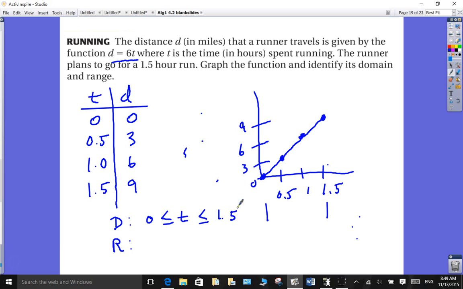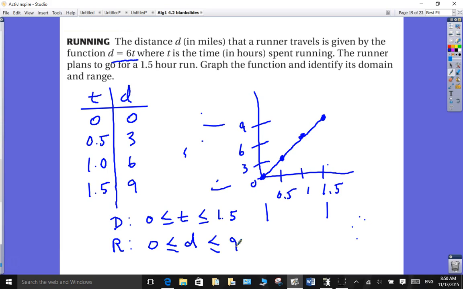Okay, what's the range? Do the same kind of thing now to give us the range of y values. 0 is less than or equal to d, which is less than or equal to 9. Everything is above 0.